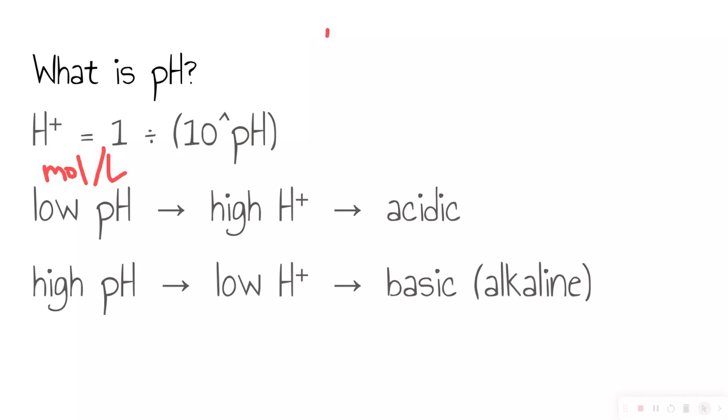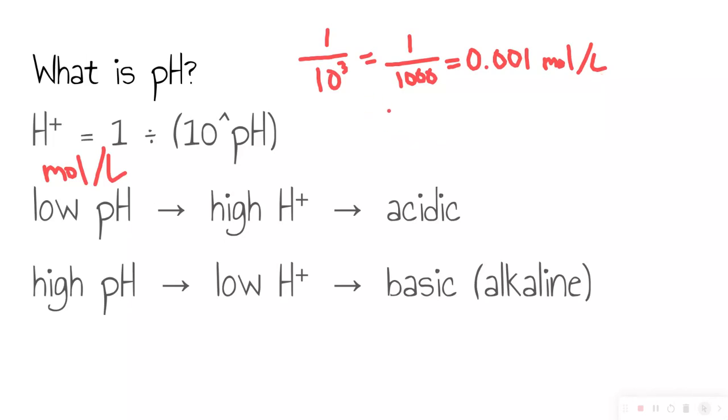Let's say we have a pH of 3. This is going to equal 1 over 1,000, which is 0.001 moles per liter.